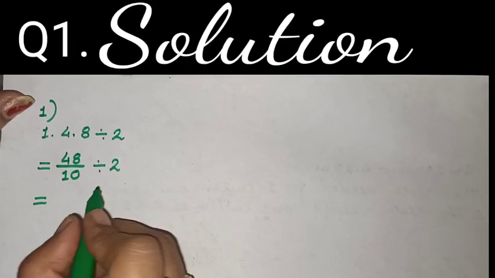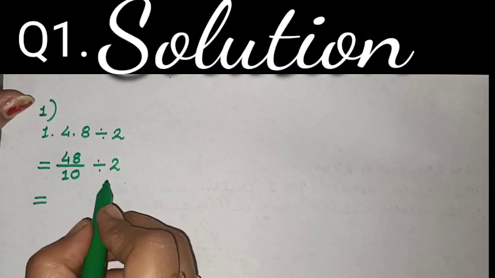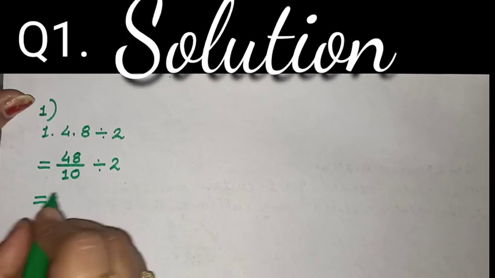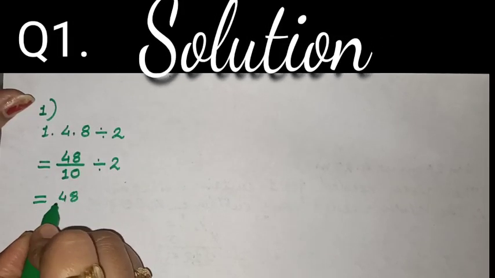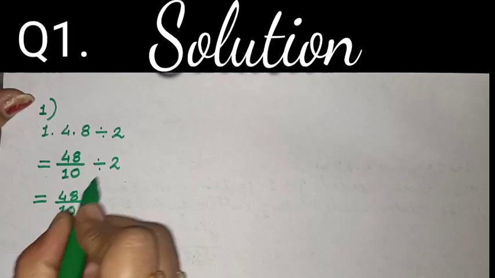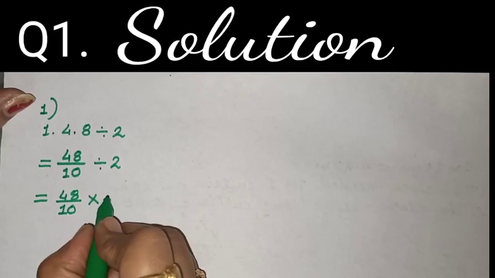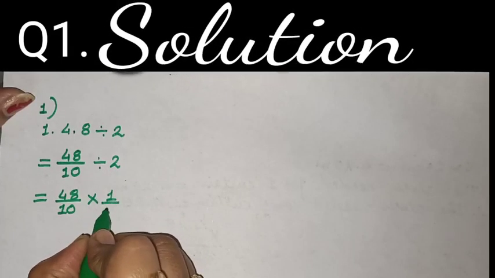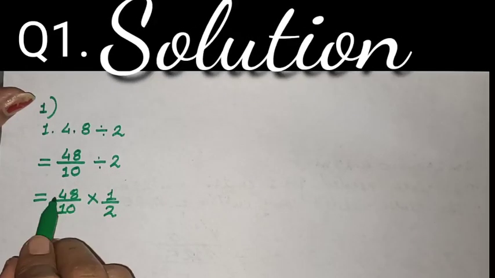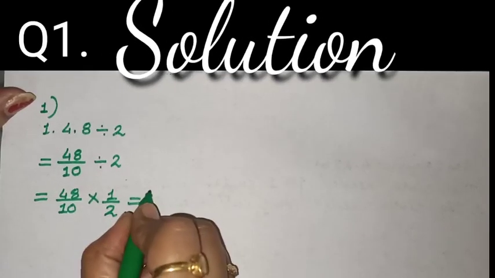We'll reciprocal it. 2 means 2 upon 1. So reciprocal of 2 is 1 upon 2. 48 upon 10, we are going to reciprocal it, so we'll multiply. Reciprocal of 2 is 1 upon 2. Okay. So directly we can multiply it.